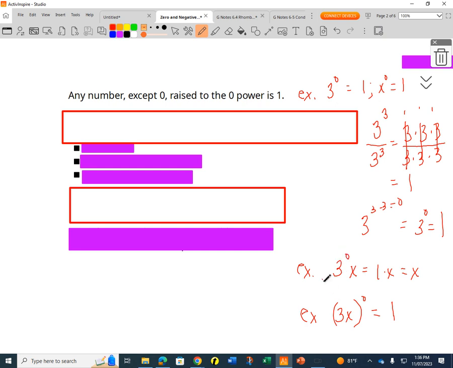That makes this the base, this the exponent. Here, 3 times x is the base, and 0 is the exponent. So anything raised to the 0 power is 1, but it does depend on where that exponent falls in the expression and whether or not there are grouping symbols or not.